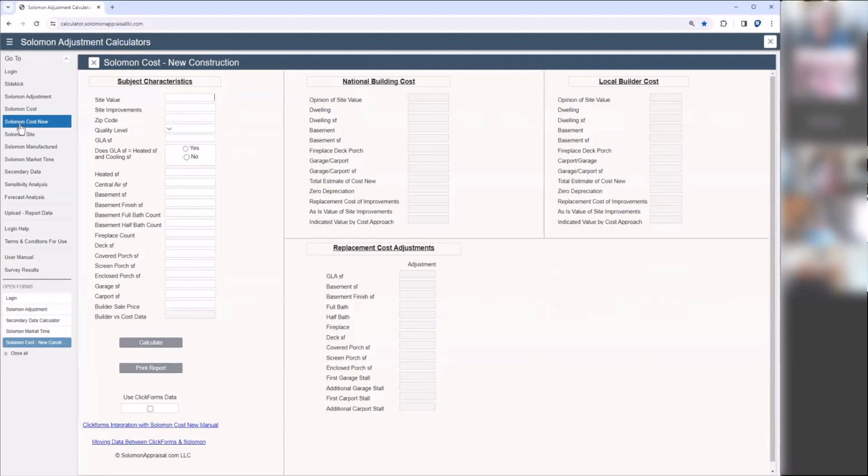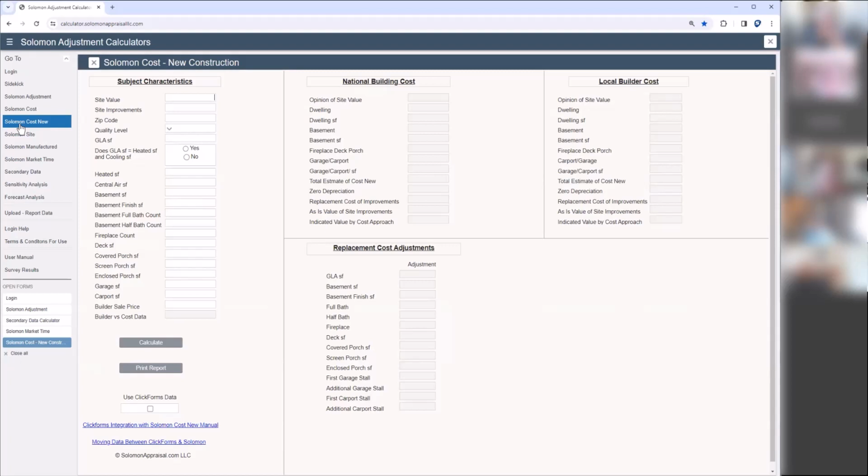But it kind of fascinated me, and I noticed that my mentor didn't use it anymore because he didn't trust the data. He would just say cost data is based on Marshall and Swift plus local builders, and then he would just make everything else up. So I don't know how common that is. He didn't put much weight in the cost approach, so he didn't try to figure it out, I don't think.